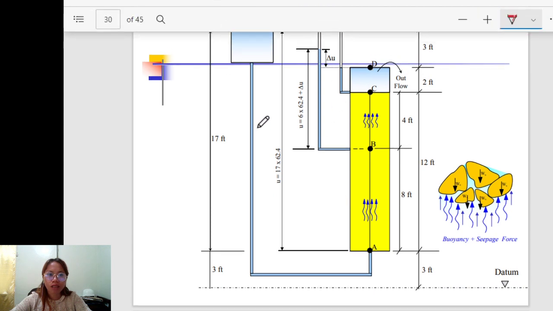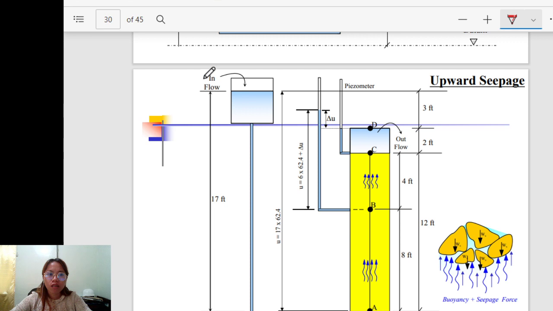You have here the inflow of water, then it will flow in here. Then you have a soil mass in this length of soil. Then there is an outflow of water, and the upward seepage is represented by these arrows.